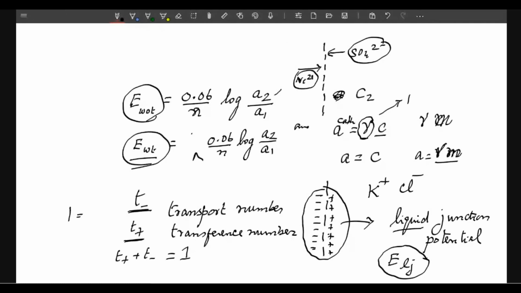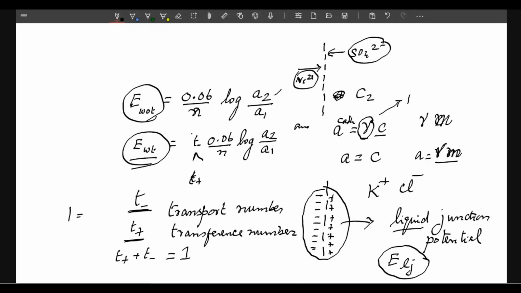Now you understand this. What is the transport number? This is t minus, or sometimes you would put t plus. When should you put t minus, and when should you put t plus?